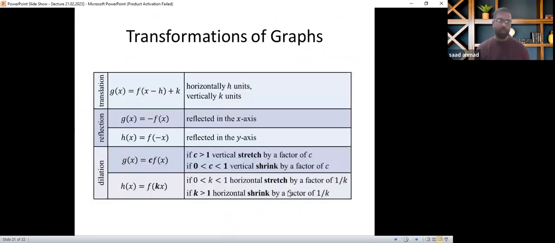Okay, now the last topic for now, the third one: the transformation of graphs. Let's say we have a graph and we want to transform it. We want to move it up, down, left, right, flip it, reflect it, shrink it, expand it. So let's start with the first one. Let's say g of x is f of x minus h, plus k.